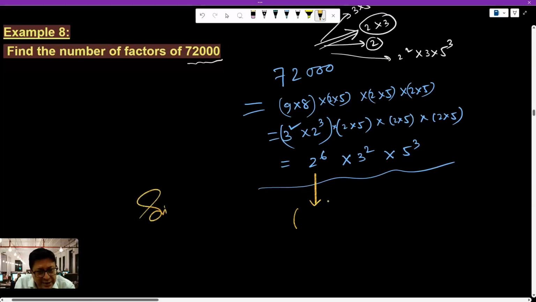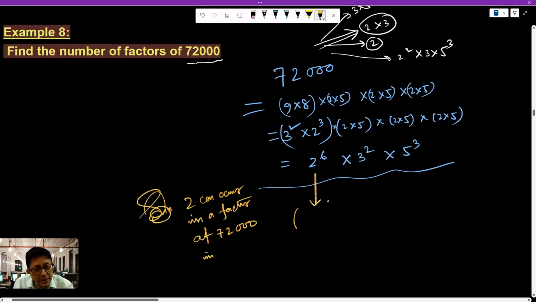So 2 can occur in a factor of 72,000 in 6 plus 1 ways.